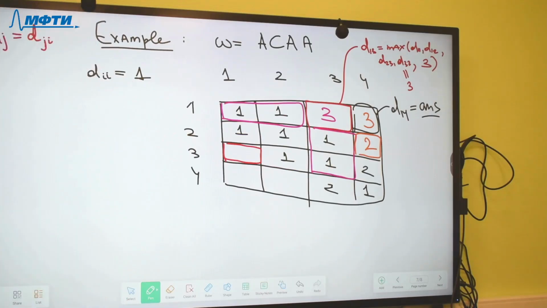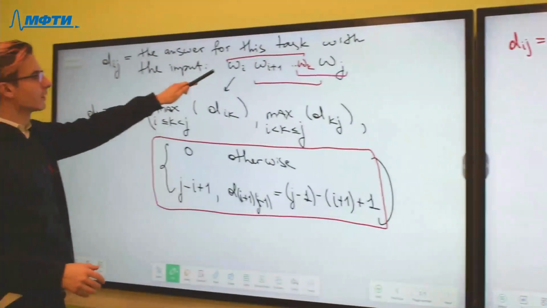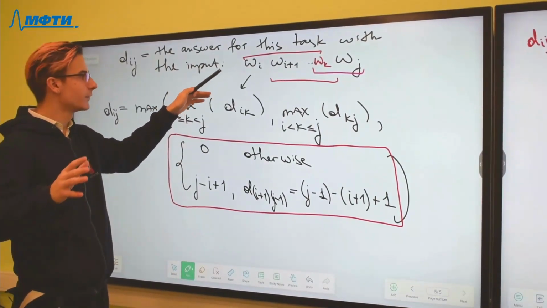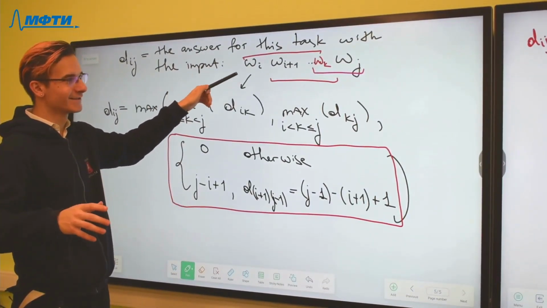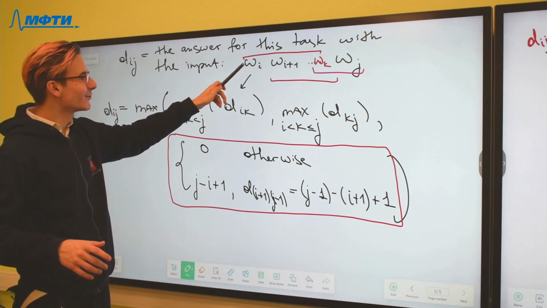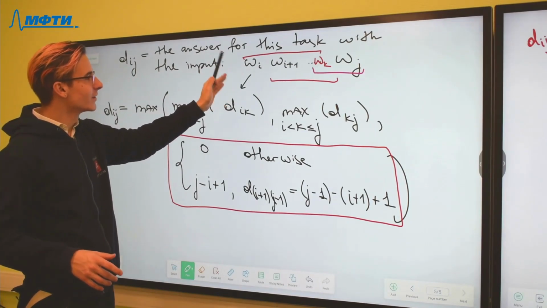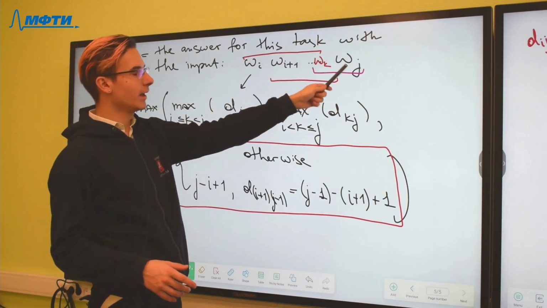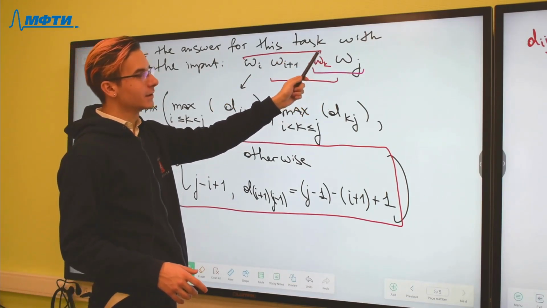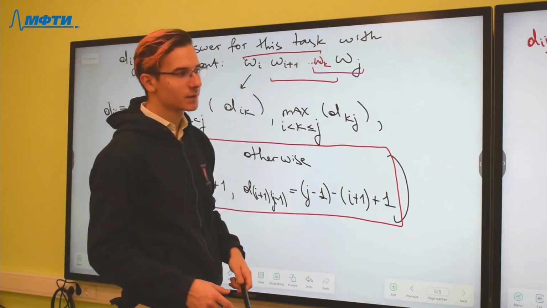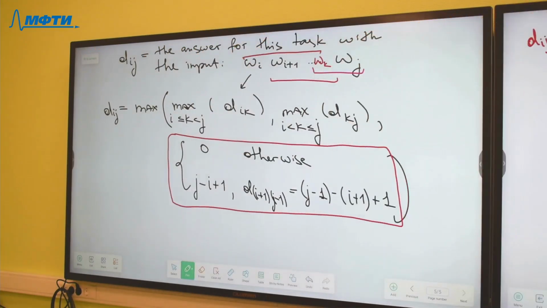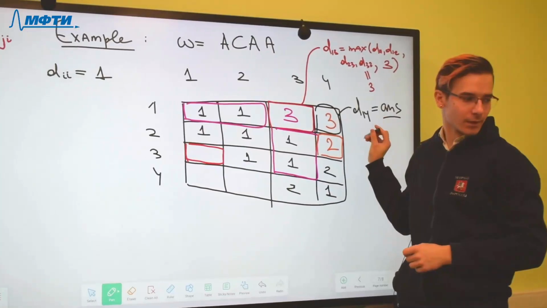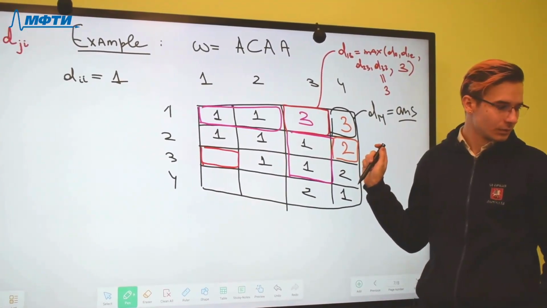Because if we talk about the whole word, it means that we start with the first character and we end with the n-th character. So it is equal to D with index 1 and n. For this example, it is equal to 1 and 4.